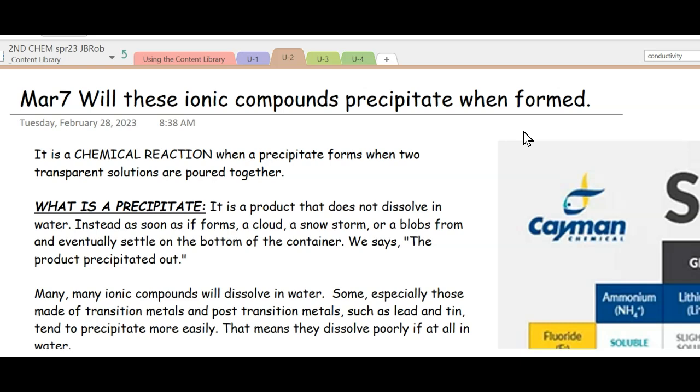Well, with these ionic compounds, when you pour them together, what we're looking for to show the reaction is the precipitate. So formation of a precipitate, I'll abbreviate it PPT, shows a reaction occurred.